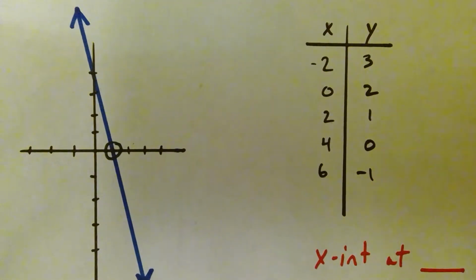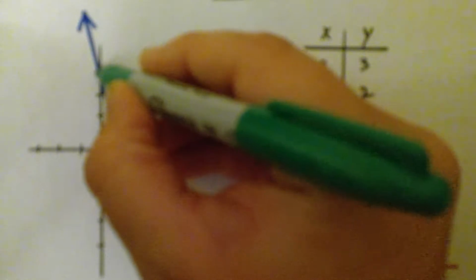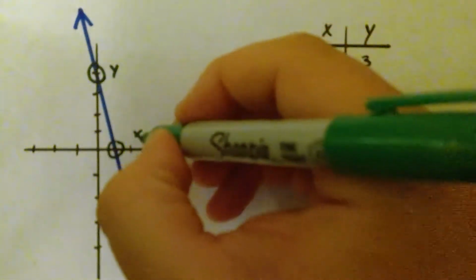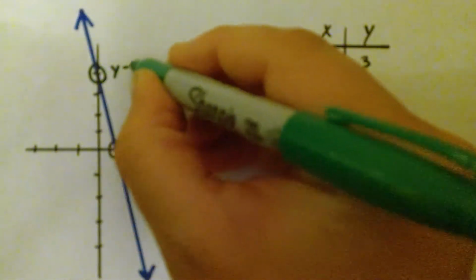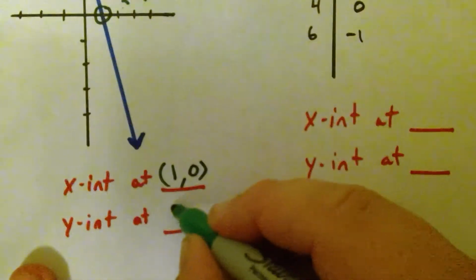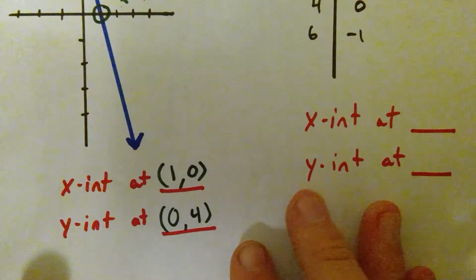Okay, and then we look at our y-intercept, on the vertical axis. We go up 1, 2, 3, 4. There's our y-intercept. So we have 0, 4. Okay, so notice how the x value is 0.